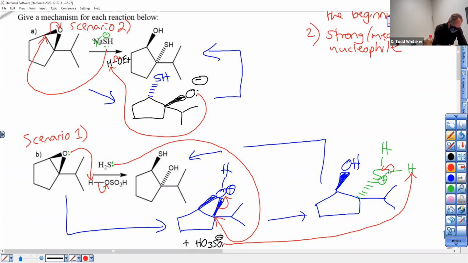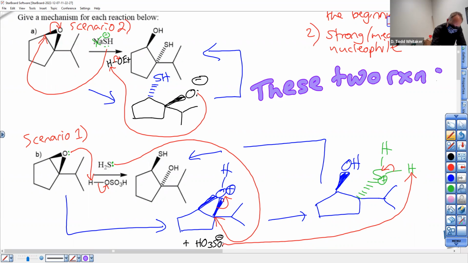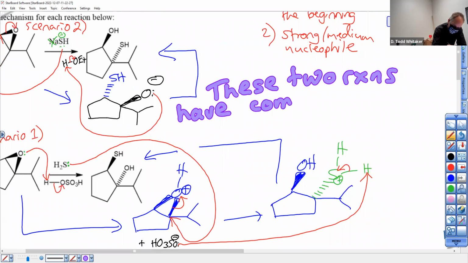And big concluding statements. These two reactions have, here's a word we don't use enough. I wonder if you can finish it for me. Isn't the OH the more carbon?